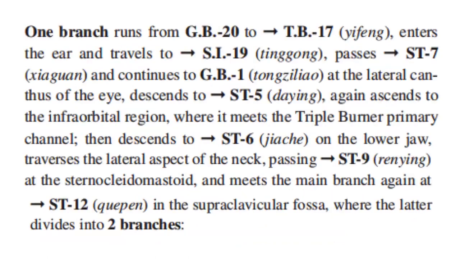One branch runs from GB20 to triple burner 17, enters the ear and travels to SI19, passes stomach 7 and continues to GB1 at the lateral canthus of the eye, descends to stomach 5, again ascends to the infraorbital region where it meets the triple burner primary channel, then descends to stomach 6 on the lower jaw, traverses the lateral aspect of the neck, passing stomach 9 at the sternocleidomastoid and meets the main branch again at stomach 12 in the supraclavicular fossa, where the latter divides into two branches.